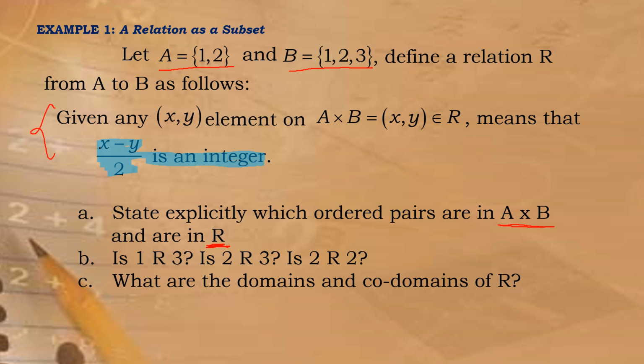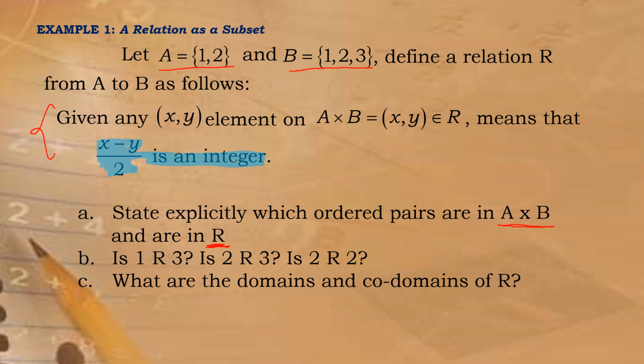Second question, is 1 related to 3? Is 2 related to 1? Is 2 related to 2? So we will try to identify if it is yes or no. Then third, or letter C, what are the domain and codomain of R?